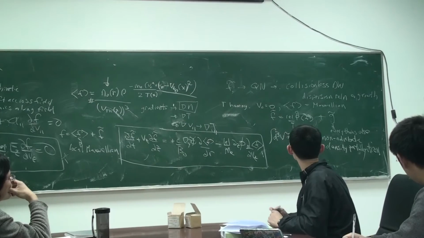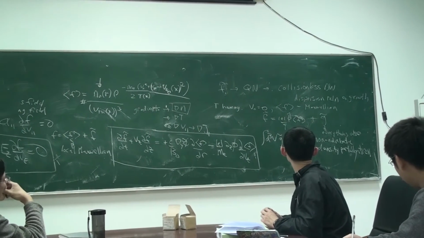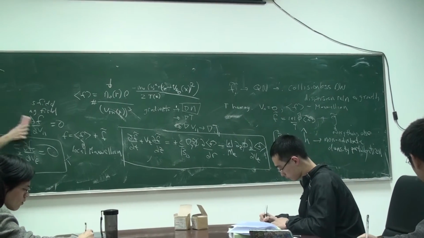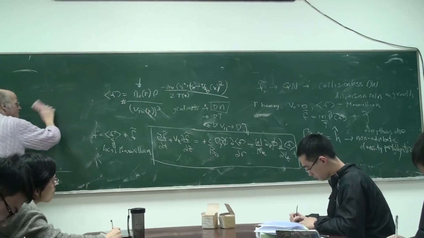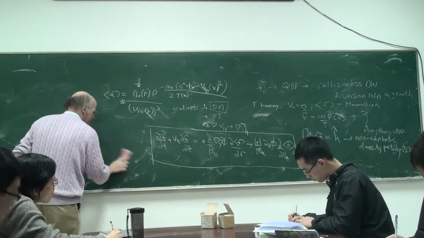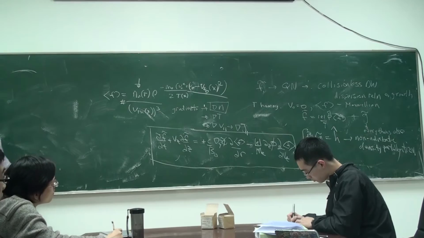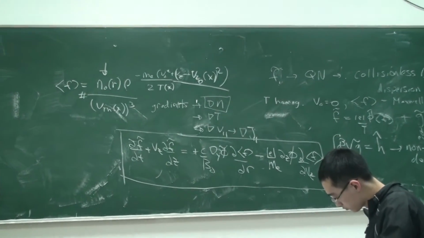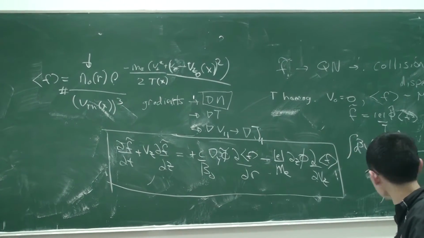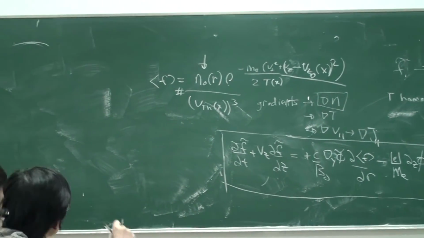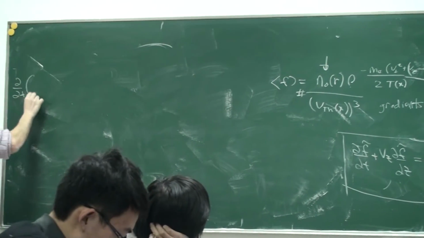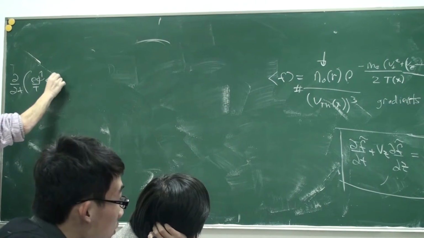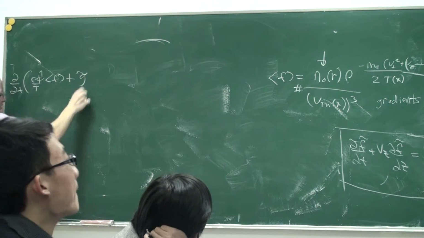All right, with that little proviso, I plug that in here, so I get d by dt of E phi over T times F average plus G tilde.